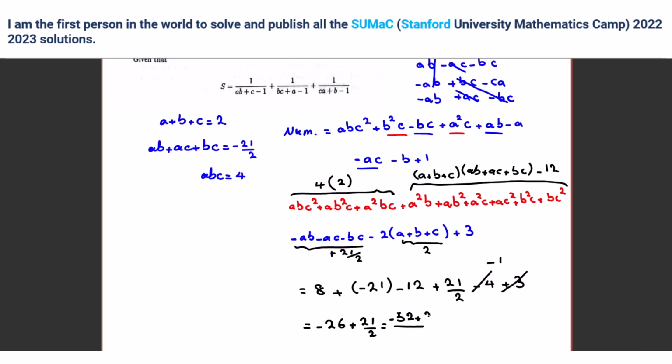Negative 52 plus 21 over 2. So it would be what? Minus 31 over 2, right? Yes. Okay, we've calculated the numerator.